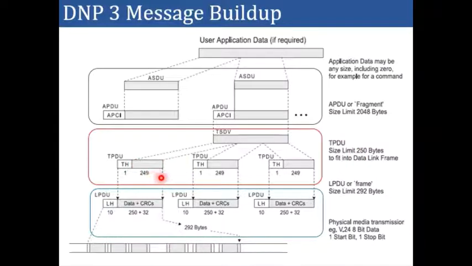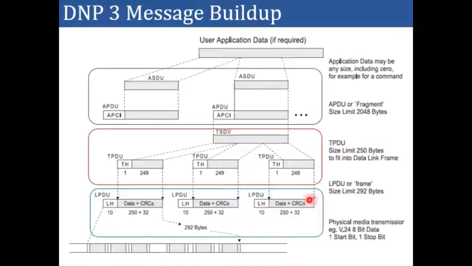So here the transport header will be added, and the transport header size is 1 byte. Then the remaining 249 bytes are the data units. So total 250 bytes will be one transport layer protocol data unit. So these fragments will now be traveling to the link layer.